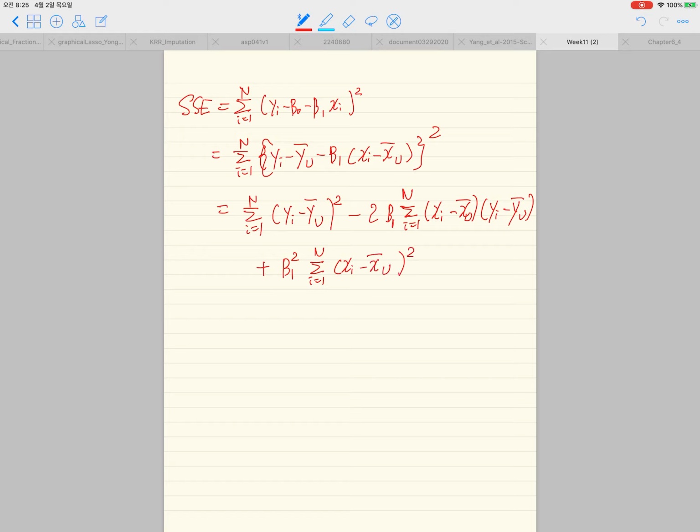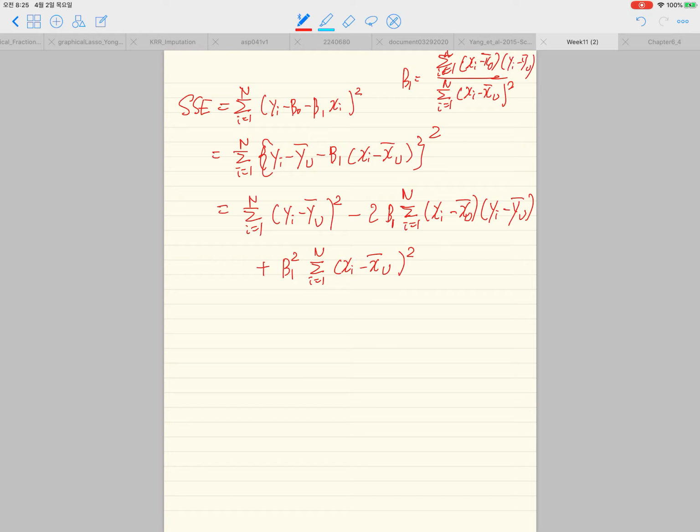And b1, by the way, is x_i minus x bar U square, x_i minus x bar U, y_i minus y bar U, right?